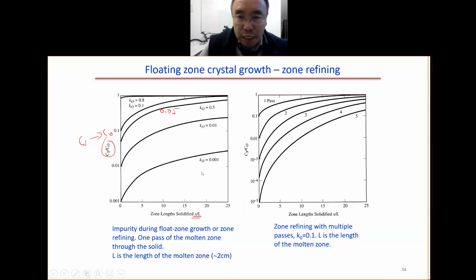segregation coefficient. So if we do multiple passes, with k equal to 0.1, at the first pass the ratio becomes 0.1. If we do the second pass, we have the square, so 0.01. Third pass, we have the cube.